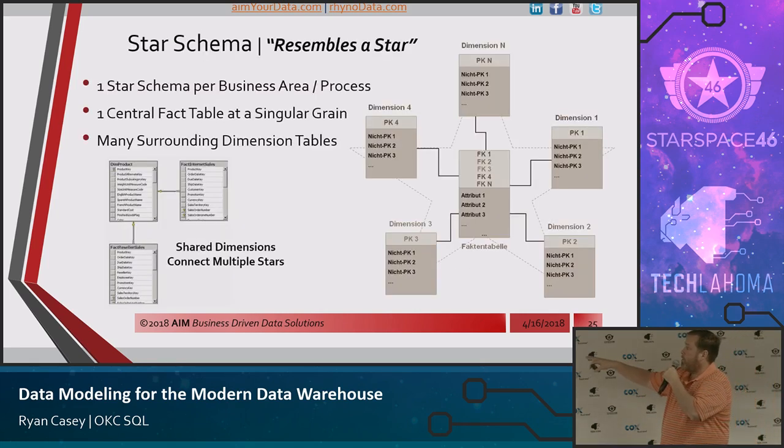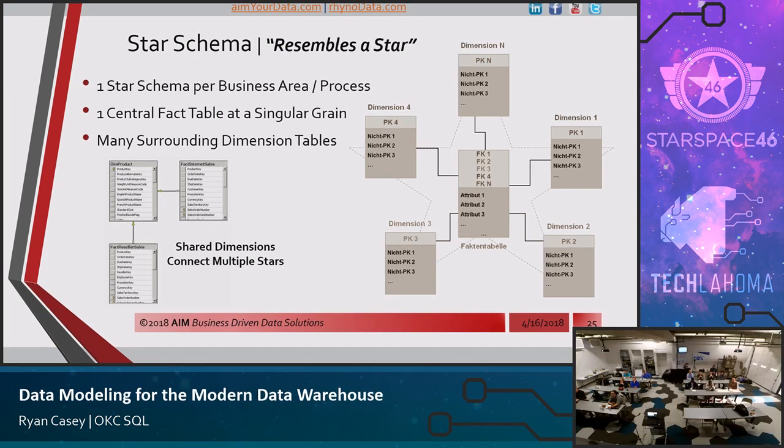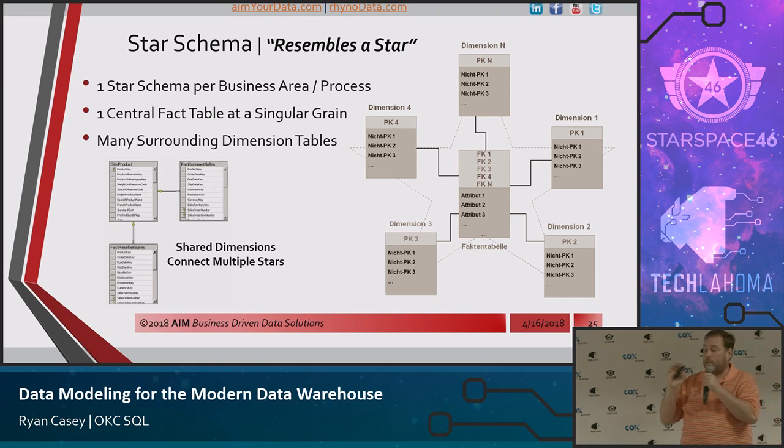So a star schema is essentially this, and I've been talking about it. We have a fact table in the middle, and we have dimensions that reach out, kind of resembling a star. The key when you divide your facts into stars and dimensions is that you want to understand the grain of your fact table. That's important in two ways.